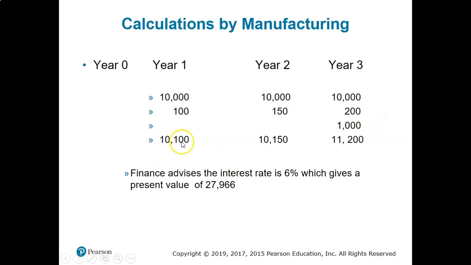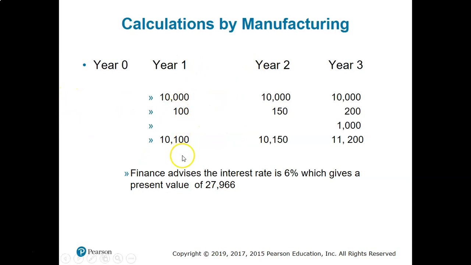So what's the total? The total payment at the end of first year is 10,100. Total at the end of second year is 10,150, and total of third year is 11,200. So if the interest rate is considered as 6%, what would be the present value of these payments?